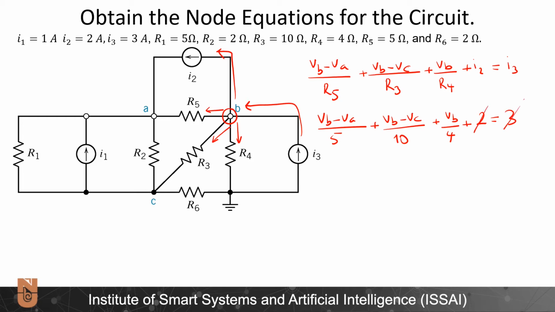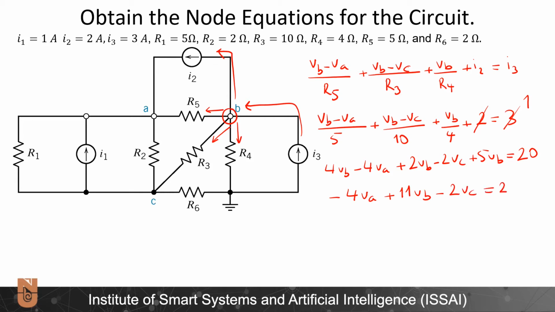So this can be simply 1, and let us simplify further. 4VB minus 4VA plus 2VB minus 2VC plus 5VB is equal to 20. Simplify. Minus 4VA plus 11VB minus 2VC will be equal to 20. So this is our second equation, the KCL for node B.